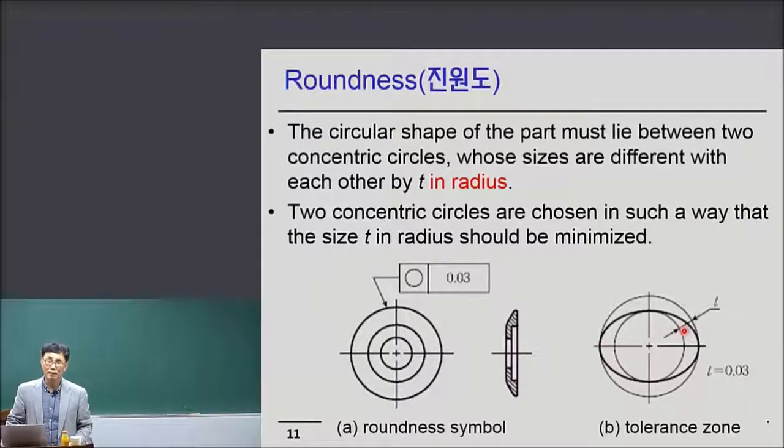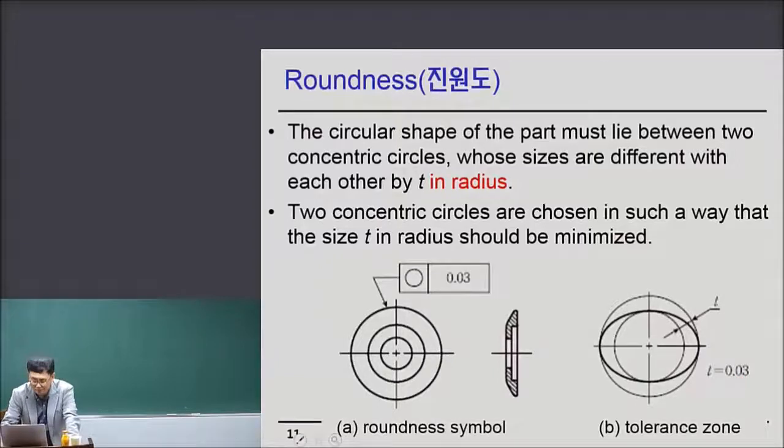By that way, the roundness is determined. So now, if the roundness symbol is assigned 0.03, then this circular shape should lie inside the two concentric circles whose t is 0.03.